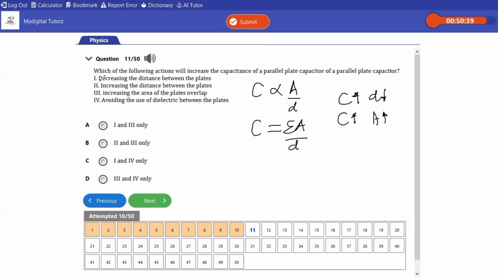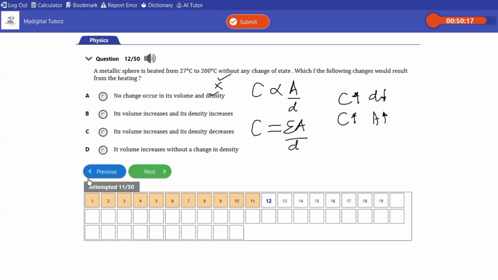Roman figure 1, increasing the capacitance by decreasing the distance between the plates, that is correct from our explanation. Increasing the distance between the plates, that is wrong. Increasing the area of the plate, that is correct. So Roman figure 1 and Roman figure 3 are the correct options. I hope we are together. So the correct option here in this case is option A.